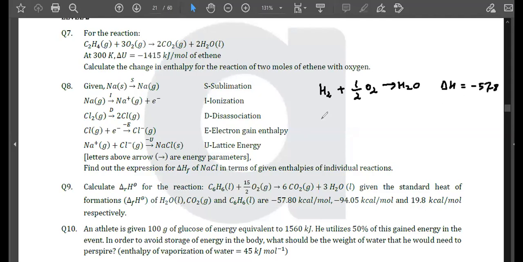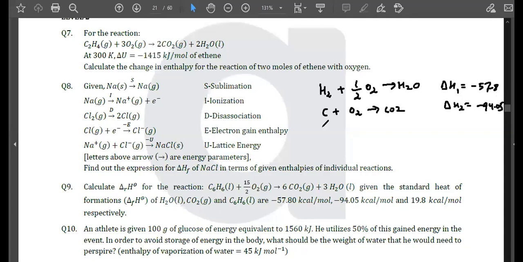Then CO2: C plus O2 gives CO2, and in this case delta H2 is minus 94.05.